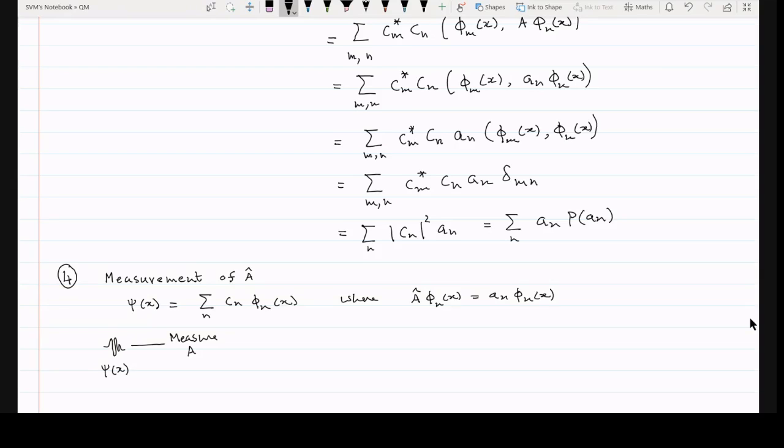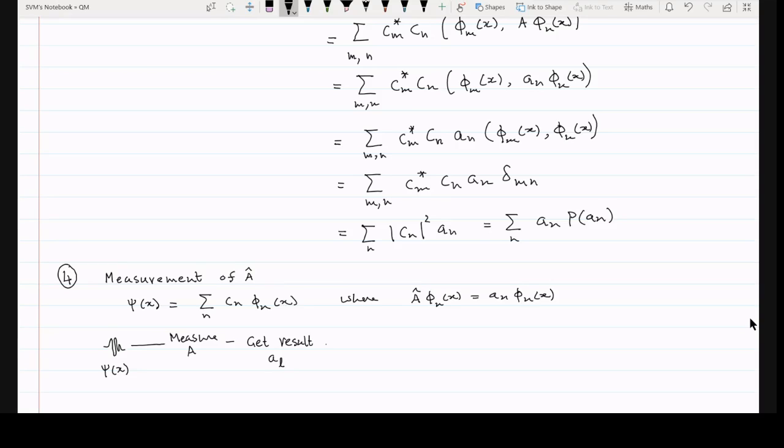Now you measure A and you get a result, let's say AL. You can see it on the meter. After seeing the result, we found that it is AL.